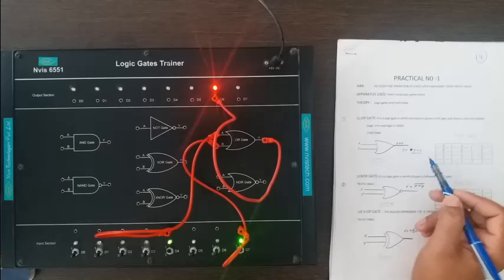In case of XNOR gate, draw the truth table: 0 0, 0 1, 1 0, 1 1. The output of XNOR gate is opposite to the XOR gate. At 0 0, your output should be 1, and when either of the inputs is high, your output should be 0, and at 1 1, your output should be 1.